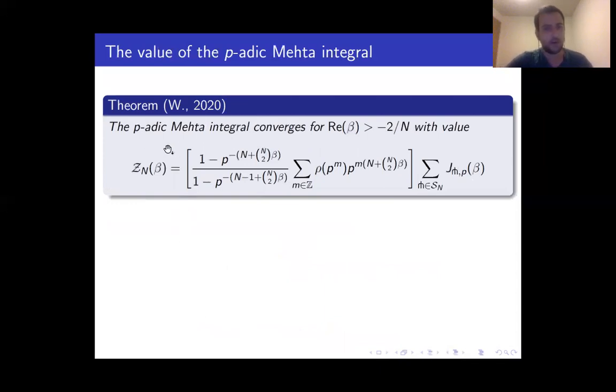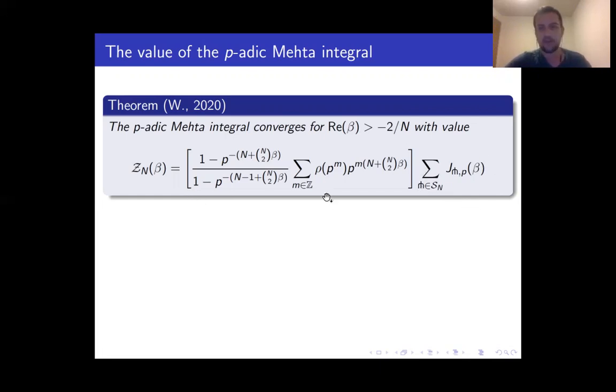Okay, and here we are at the theorem. So the Mehta integral happens to converge for exactly the same complex numbers that the original Mehta integral did, which is pretty interesting. And the value is given by this explicit sum. So we sum all of those rational expressions, evaluate them at p first, and then sum all of them. And we know that's a finite set that we're summing over. So this resulting sum here is rational in p and p to the beta.